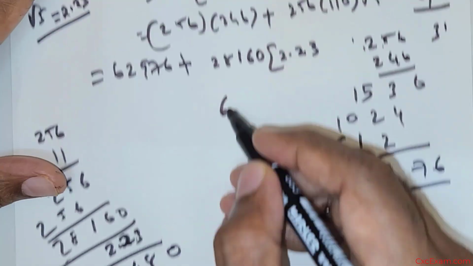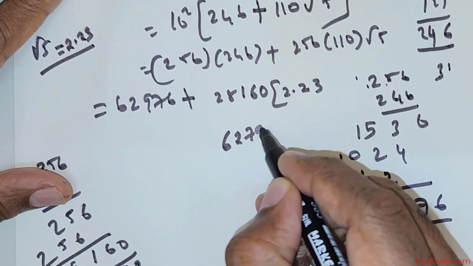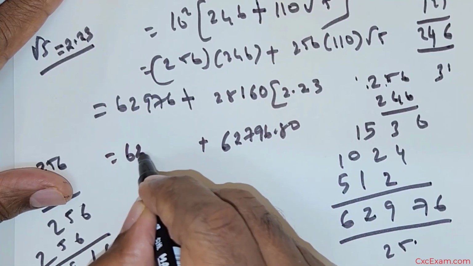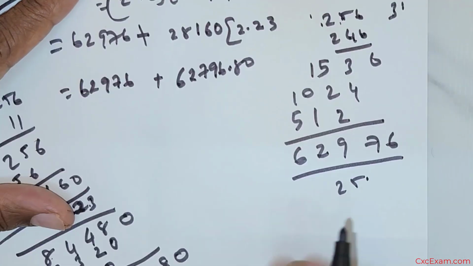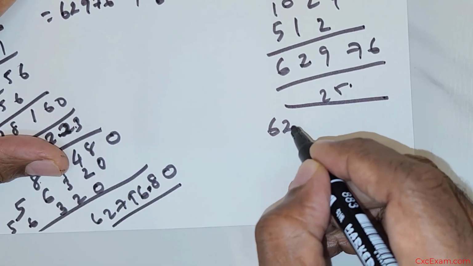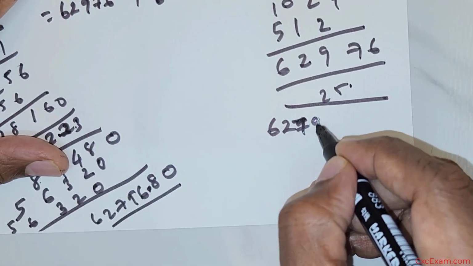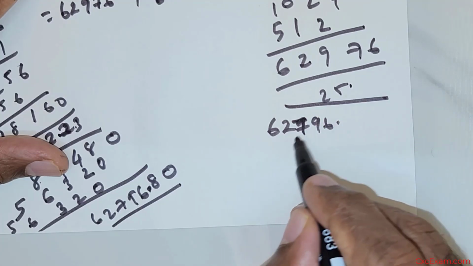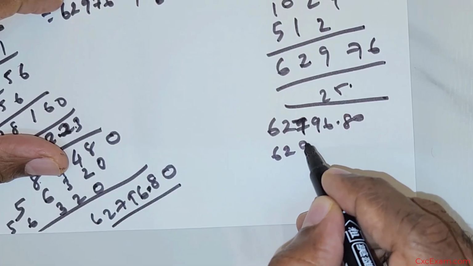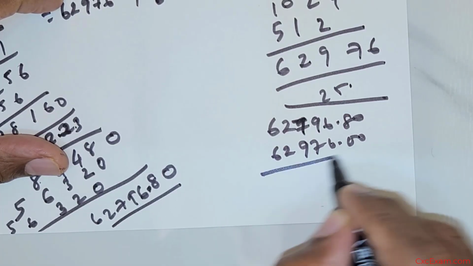So over here you get 62796.80, and over here you get 62976. So you add up both the things. Let me show you. 62796.80 and over here 62976.00.